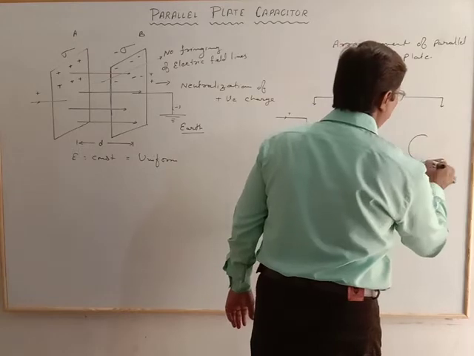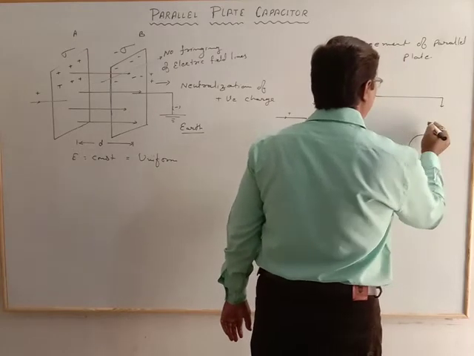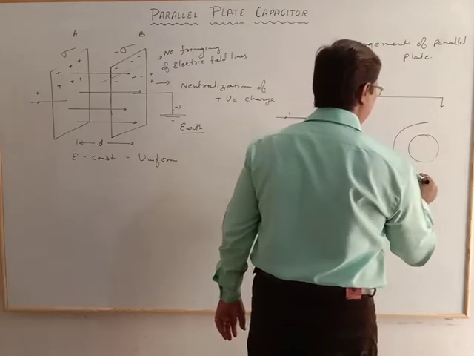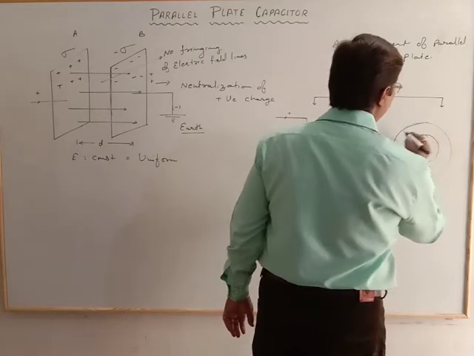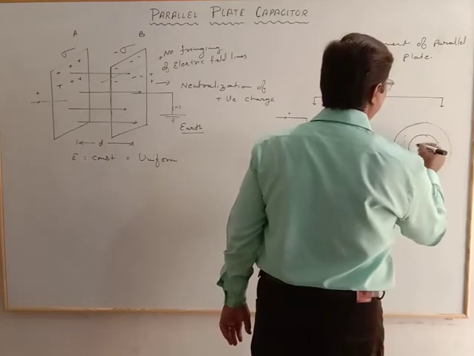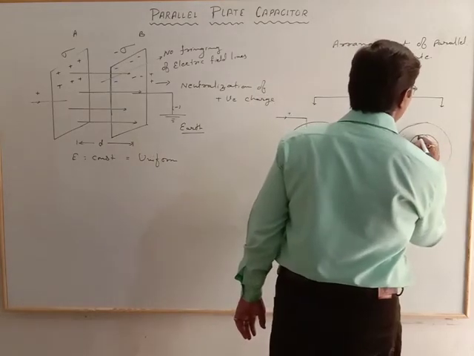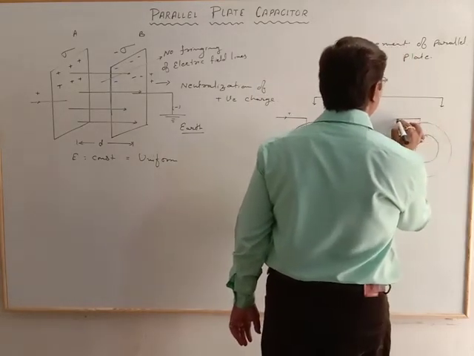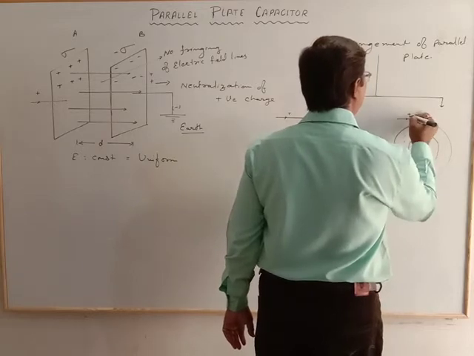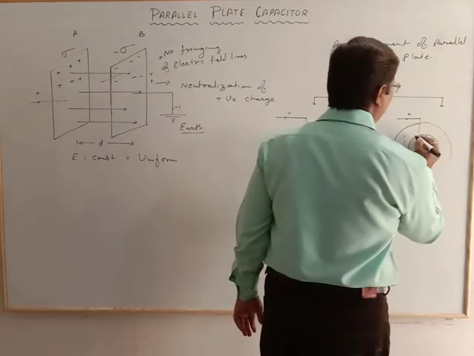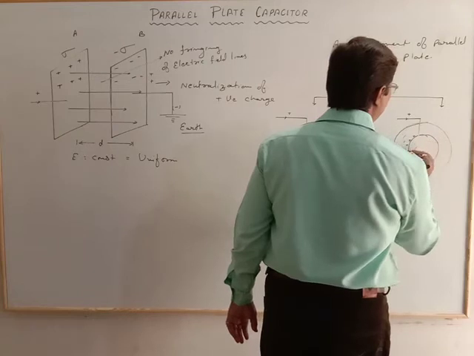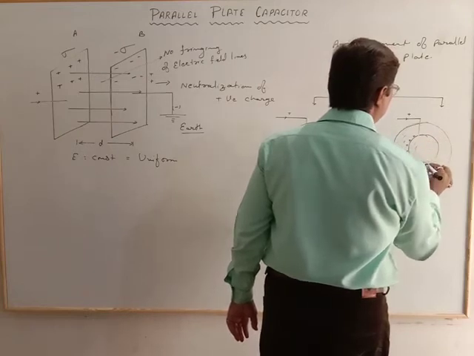Now consider the spherical one. Suppose these are two spheres. One is sphere A, which gets the charge, and the charge will be arranged over the sphere like this.